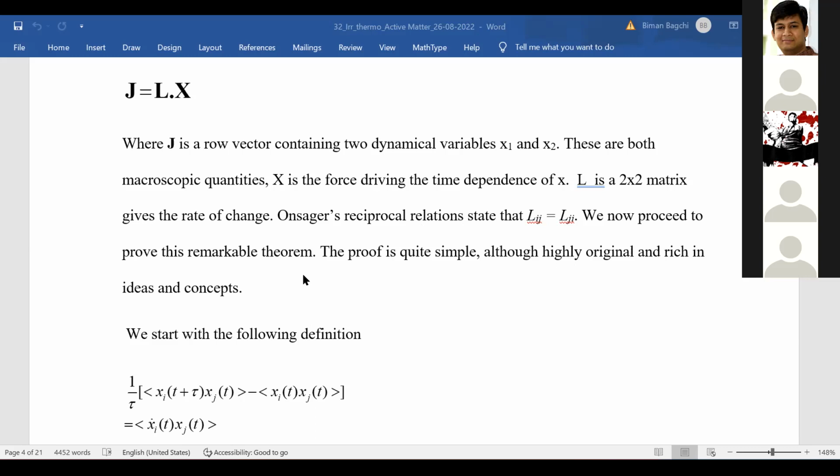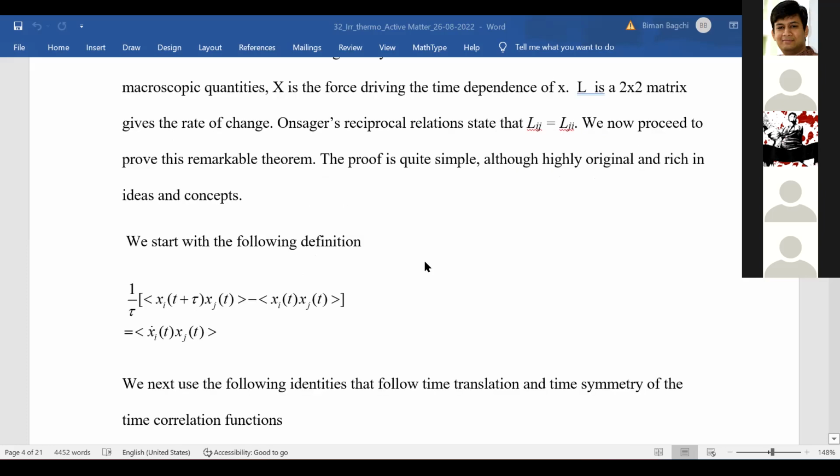That's exactly the same thing, and L is the 1 over friction. In the Landau-Lifshitz version of the Onsager reciprocal relation, everything is just small x and capital X. Capital X remains the force. Small x is the one that is driven by capital X. Well, fair enough.